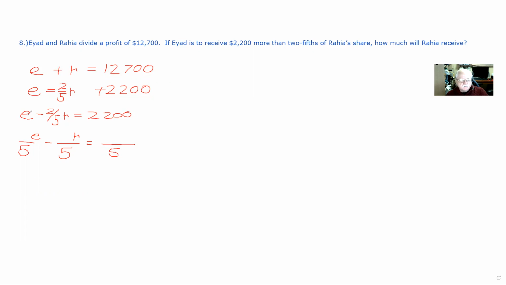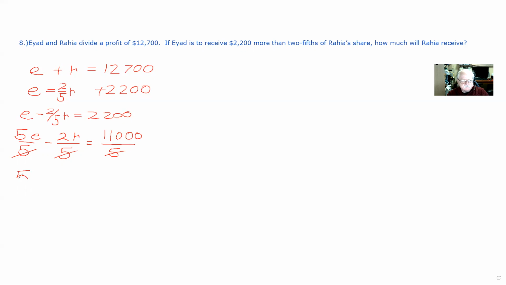So this will be 5E. We already know this is a negative 2R, and we're going to have to take 2,200 and multiply it by 5. So it becomes 11,000. And the whole point of putting it over 5 is once we have a common denominator, we can get rid of it.